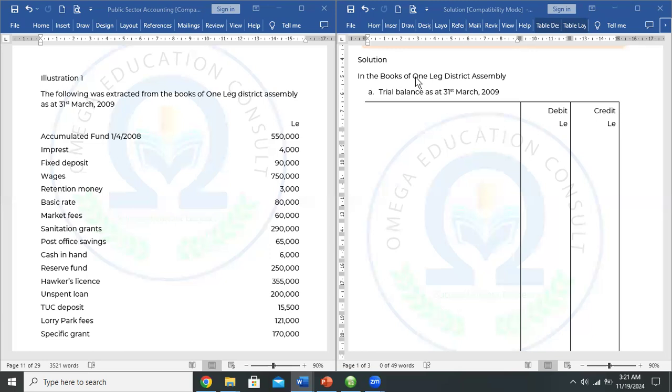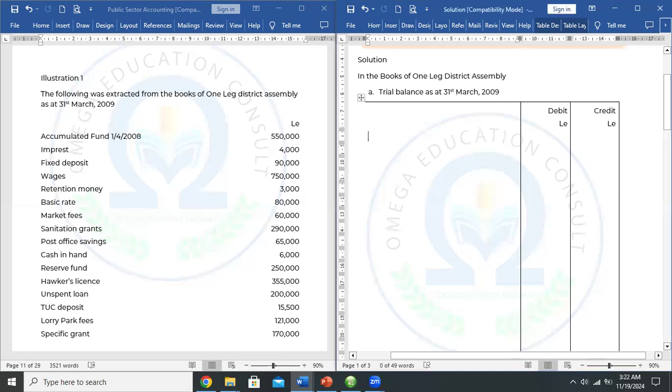So accumulated fund means all amounts collected by the government so far, more or less like the money belonging to the government. And if the government is overseeing this particular institution, for that matter, a district assembly, that forms the capital of the district assembly. So this is capital, and that is going to be under the credit column.